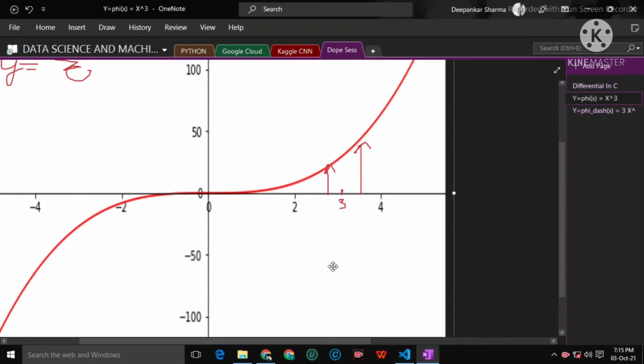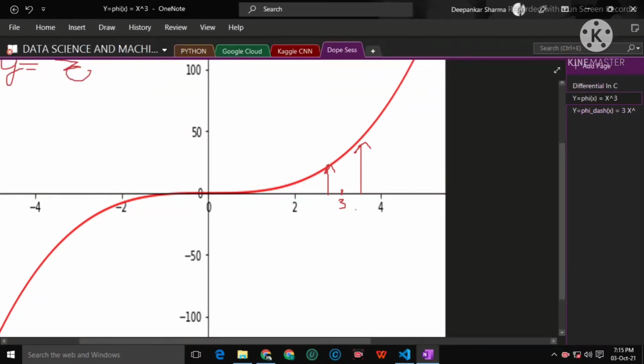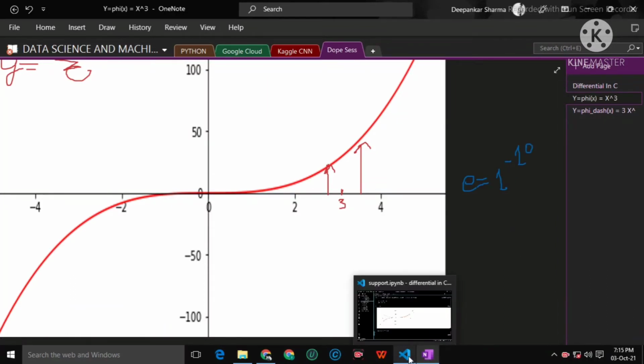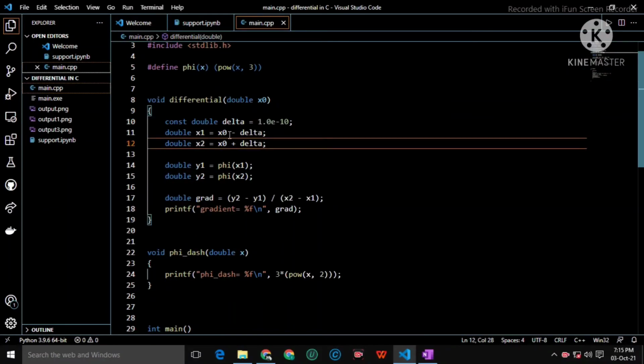So I have taken the value of epsilon as 1e to the power minus 10. See, this is the value of epsilon, which is actually delta, the change, 1e minus 10.